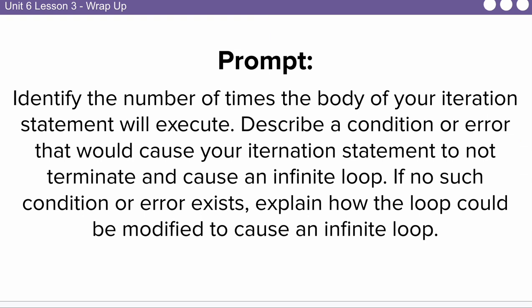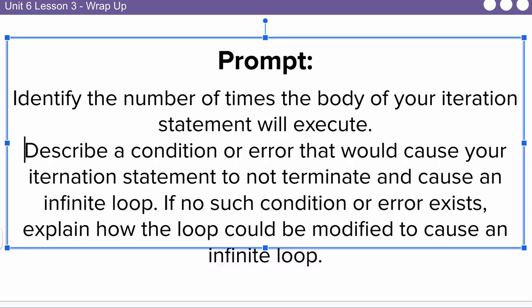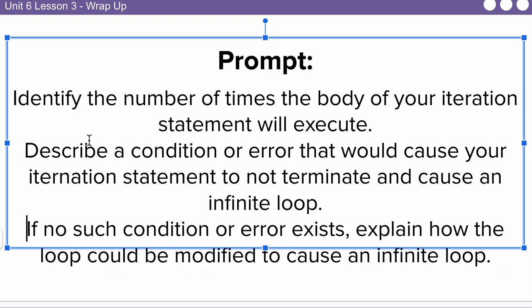Okay, so I can see you'll have submitted a screenshot of your loop, your iteration loop, okay? And it wants you to identify, okay, describe, and then if that doesn't apply, it wants you to explain how the loop could be modified to cause an infinite loop. So while you're working, be looking for an infinite loop.